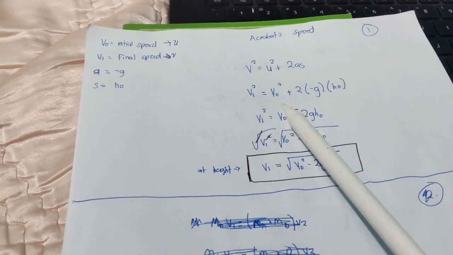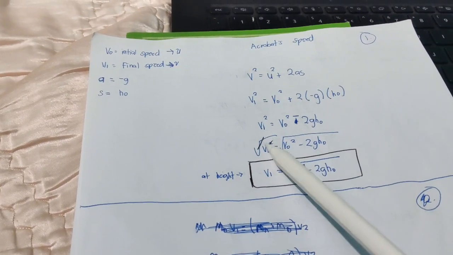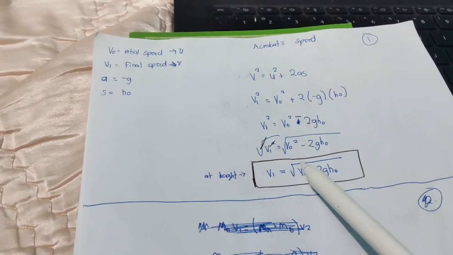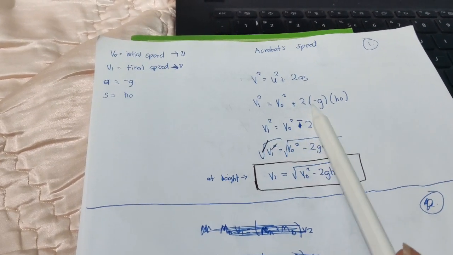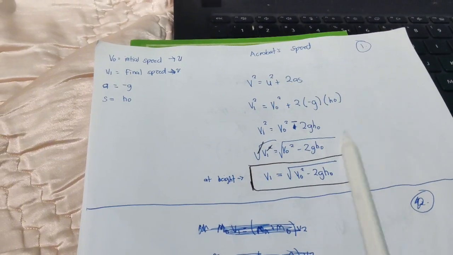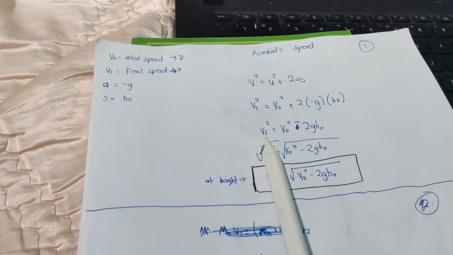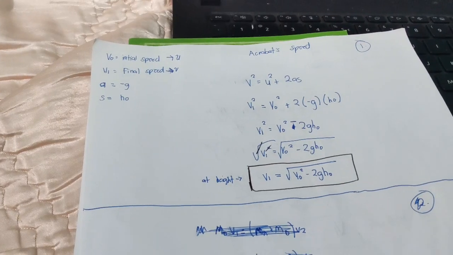And then we combine. So v sub 1 squared is equal to v sub 0 squared minus 2gh sub 0.